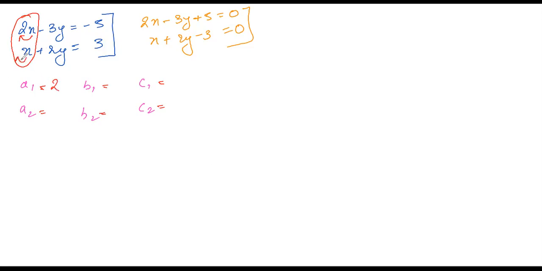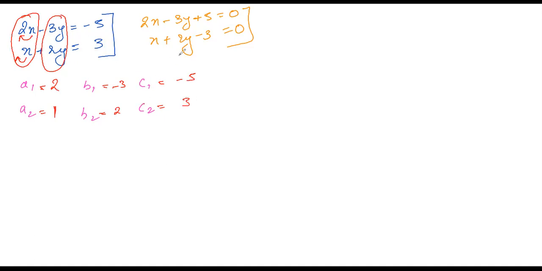In the second equation it is A2, that is 1. The second column is considered for B. Here it is minus 3. Please be mindful that you have to write it with the proper sign. As it is minus 3, I will take minus 3. Here it is plus 2, so there is no problem. For C, here it is minus 5, and here it is 3.